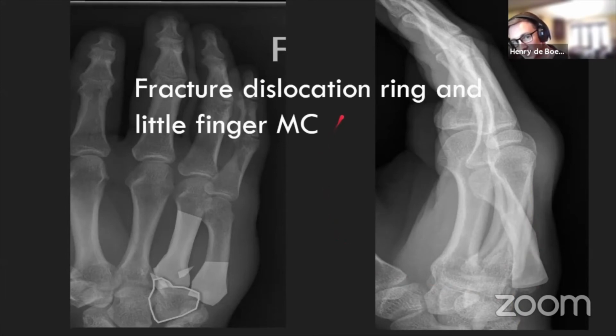So this is a fracture dislocation. So it's a fracture of the ring finger metacarpal base, the dislocation of the little finger. So I hope you can all see that slightly complex injury. But by spotting these fracture fragments and the not quite alignment here, we basically got the answer, and the lateral then just confirms that.